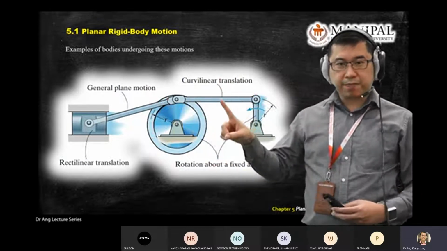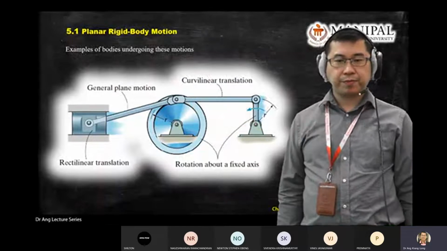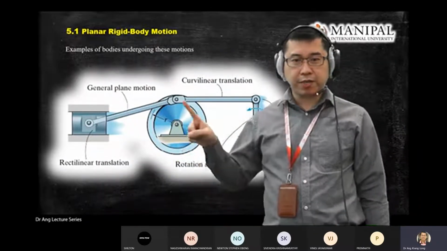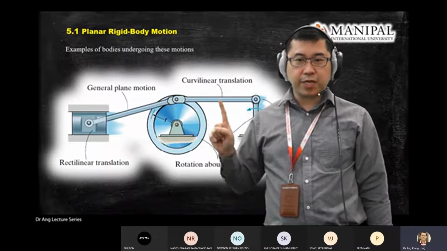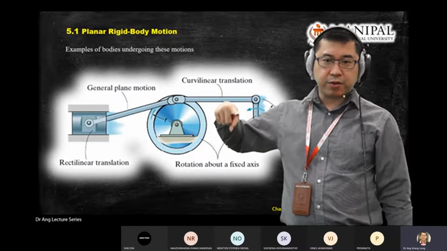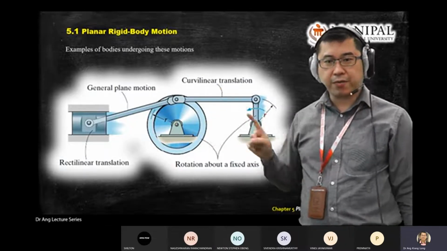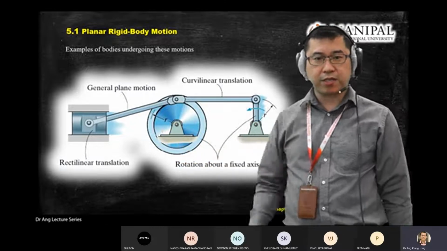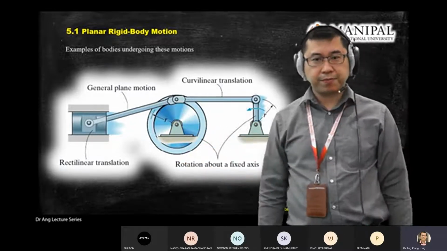Same with this one. Because of the rotation of this point, this body will change orientation and also distance, moving either forward or backward, depending on the rotation of the linkage.